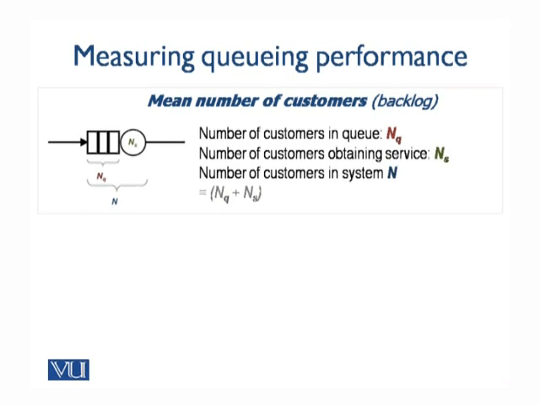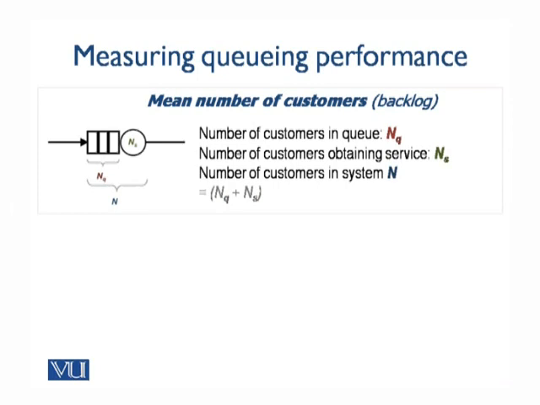Also, the number of customers obtaining service is expressed by N_S, and the number of customers in system is expressed as N. And this capital N is equal to N_Q plus N_S, which is essentially that the number of customers in system is the sum of the number of customers that are waiting and those that are in service.